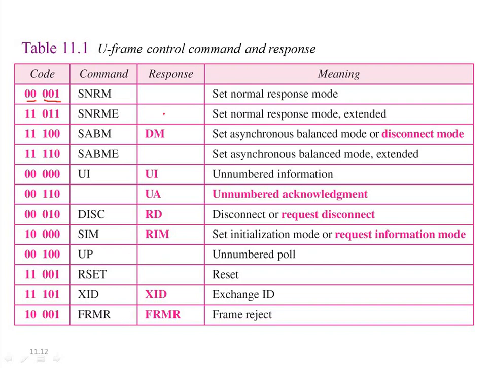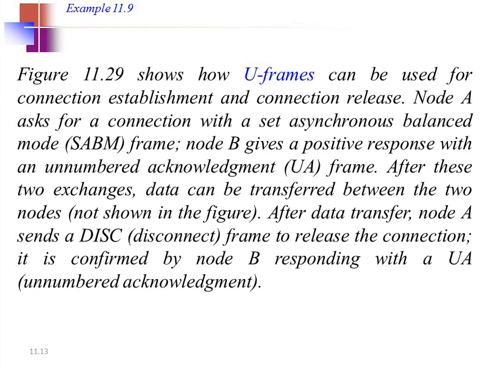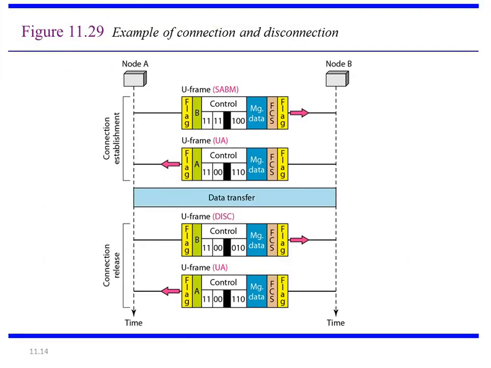So these are the commands and these are the responses when a certain code is used. Different codes we can use. So let us see an example of how a U frame can be acknowledged or used for disconnection. Now you can see that for connection establishment, the code will be like this.